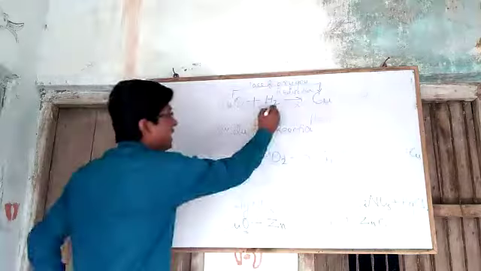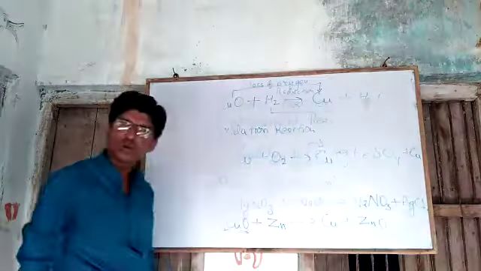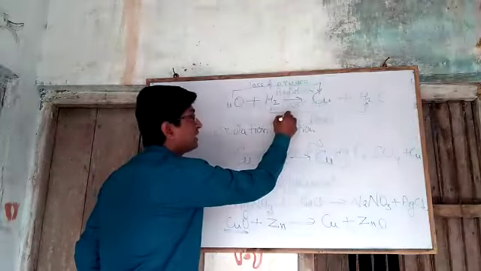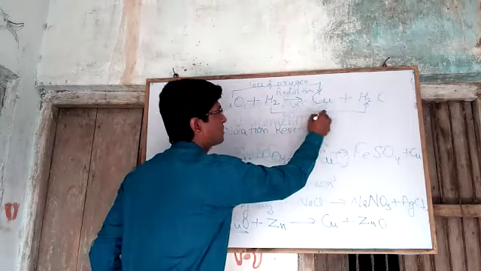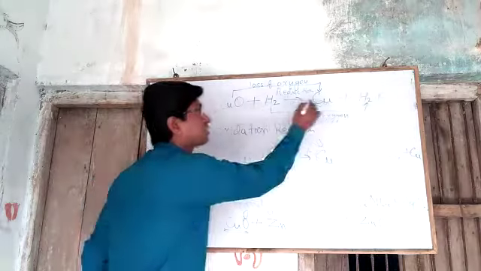Another example, H2, hydrogen has no oxygen, but here hydrogen gains oxygen to produce water. So since hydrogen gains oxygen, you can see that hydrogen gets oxidized.